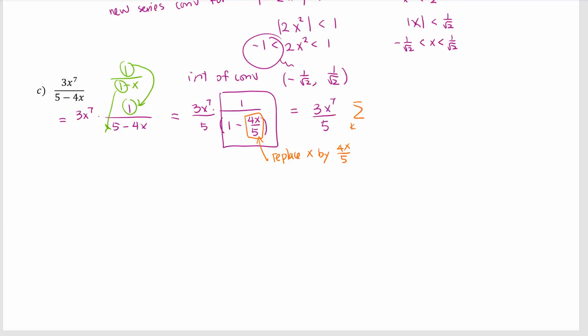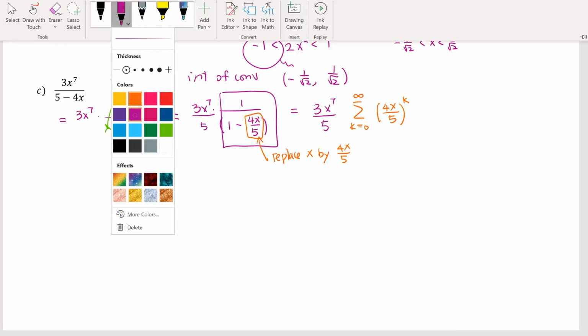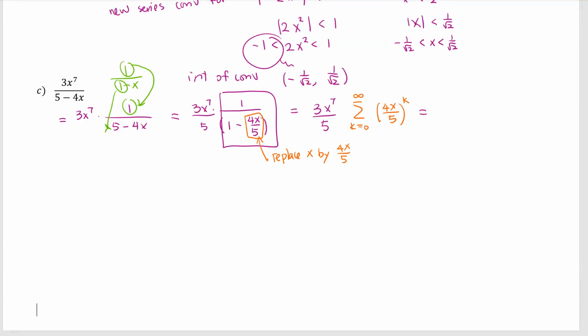So then this is the sum from k equals 0 to infinity, and x to the k becomes (4x over 5) to the k. And what is that? We have to move the 3x to the 7 over 5 inside. And this is like 4 to the k, x to the k over 5 to the k.